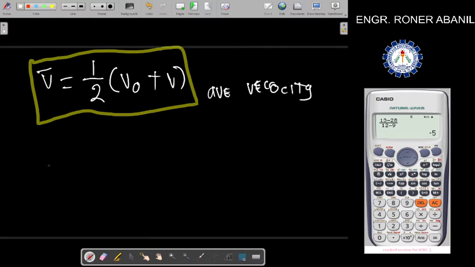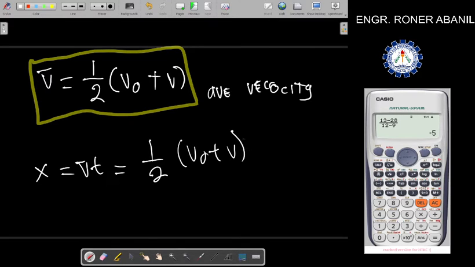So, meron pang isang formula, yung formula na x equals vt or 1/2, 'yan.